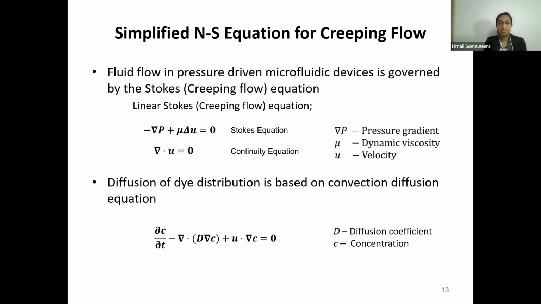When you have high shear stress, if there's any fluid flow into the cell chambers, the cells can get more stressed and die. To do that, and also to validate other data, we use the simplified Navier-Stokes equation for creeping flow, and fluid flow in pressure.